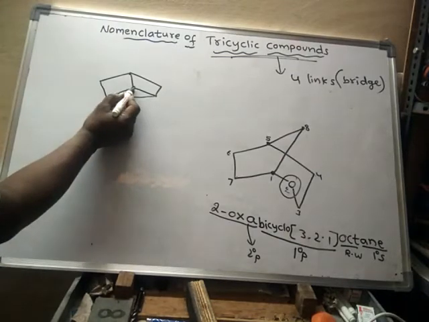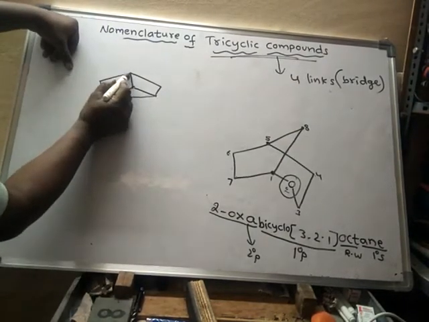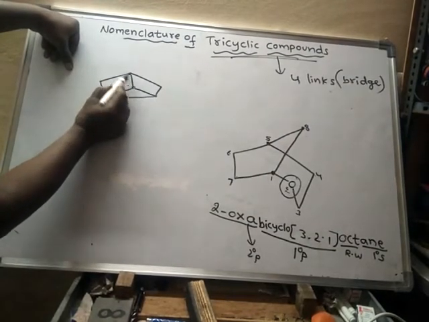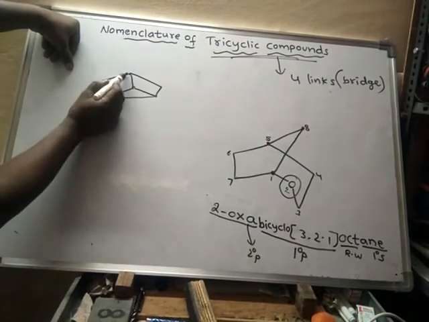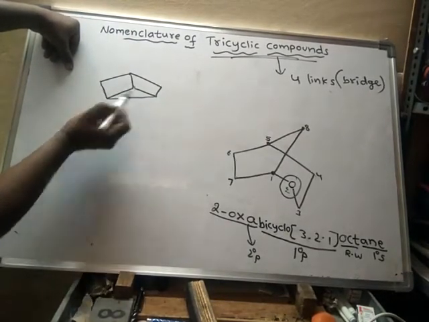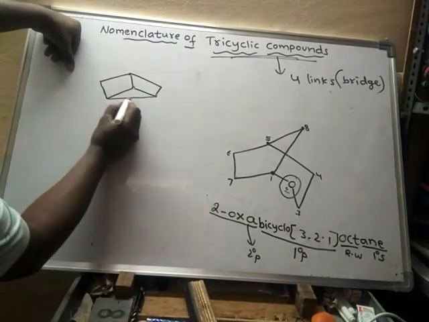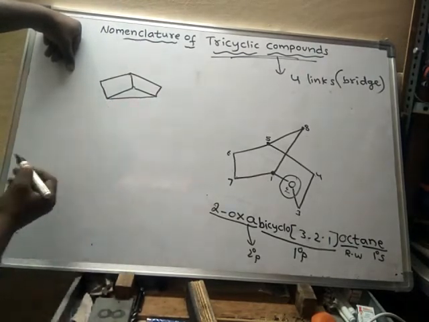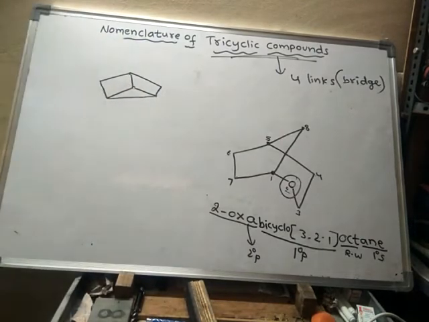So these are primary bridges because they are directly connected to the bridgehead carbons. This link is directly connected to a bridgehead carbon, this link too, and even this link is directly connected to the bridgehead carbons. Hence they are said to be primary bridges or primary links. But this is a secondary bridge, because this link is not connected to the bridgehead carbons.